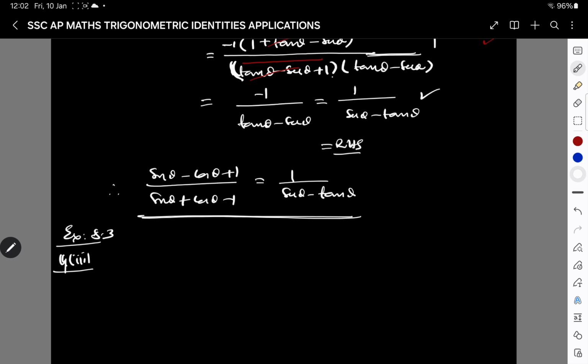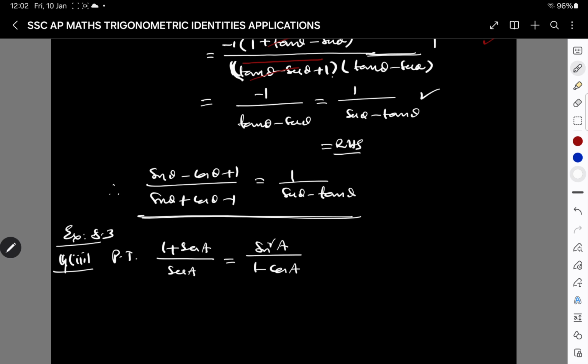This we have to do. Prove that 1 plus secant A by secant A is equal to sine square A by 1 minus cos A.